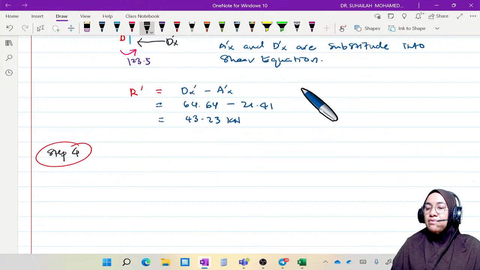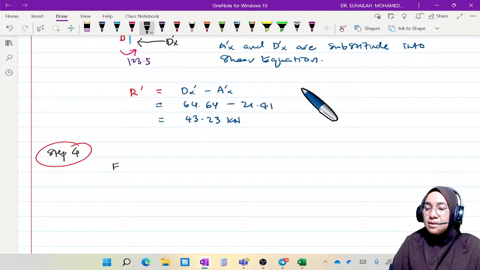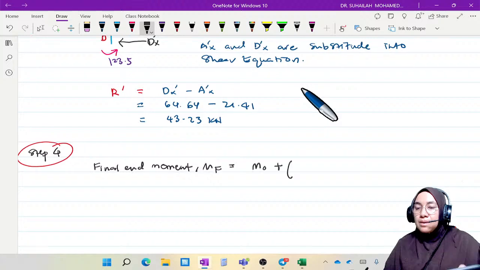In step number 4, if we want to find the end moment, the final end moment, M final is equal to M naught plus R.